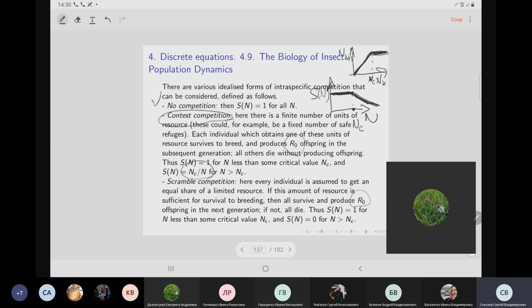That's why our function S of n is 1 for n less than some critical value, and it is 0 for n greater than n critical. And the same with production: it is this, and 0 after exceeding n critical.